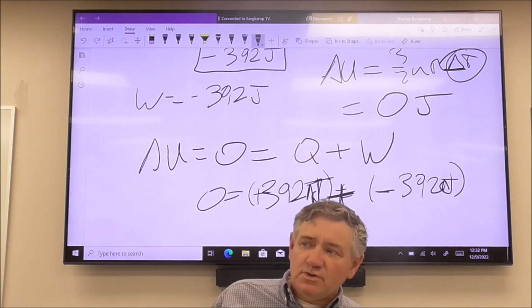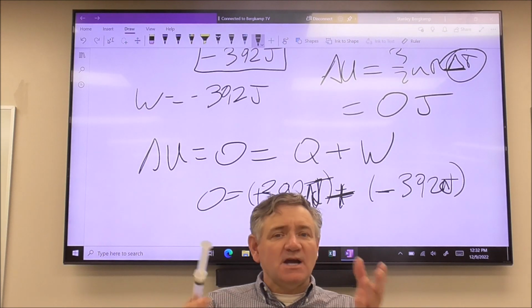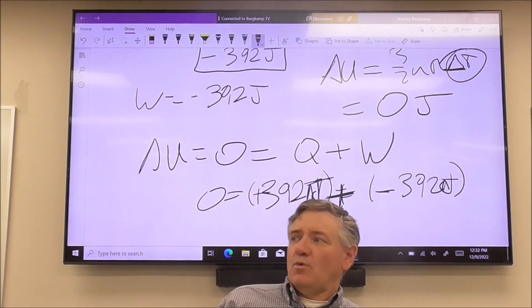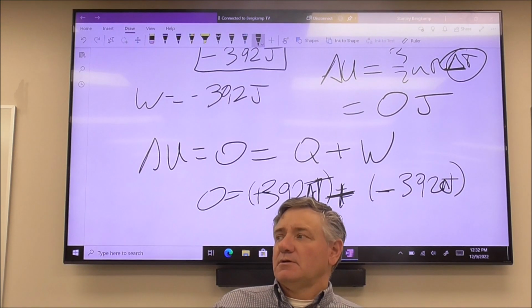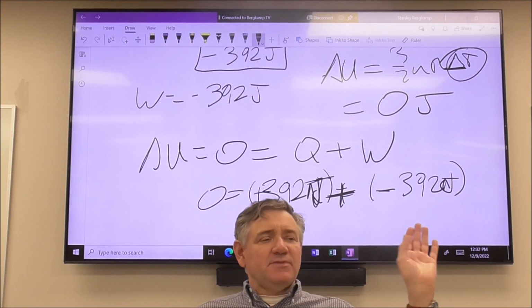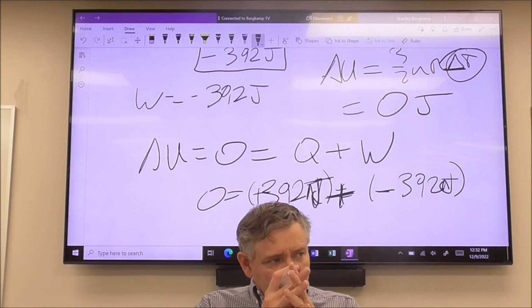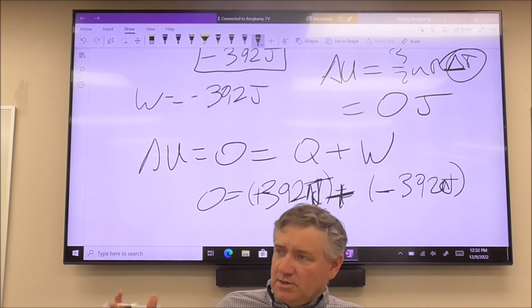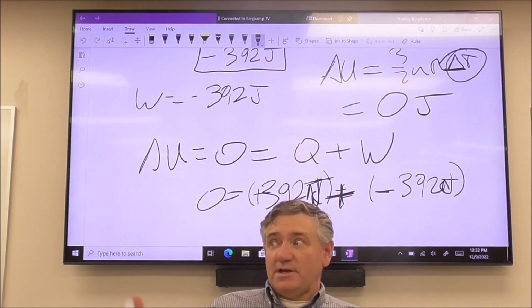You won't do this lab in a well-insulated thermos. What's the appeal of the Yetis? What are they designed to do? They're designed to minimize the change in temperature, to minimize heat flow across a gradient. It keeps hot things hot and cold things cold.